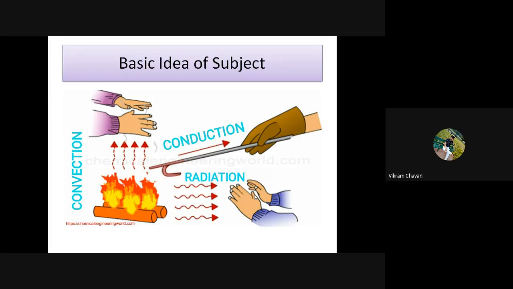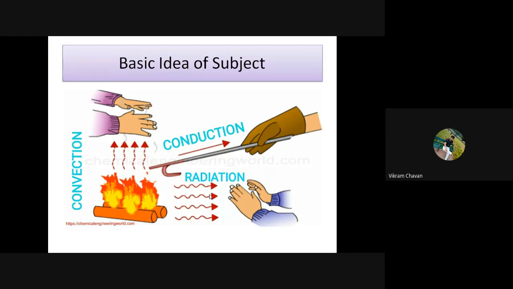These electromagnetic waves always travel with light waves; the speed of light is equal to the speed of electromagnetic waves, and where they bombard, they release their energy to that particular object.